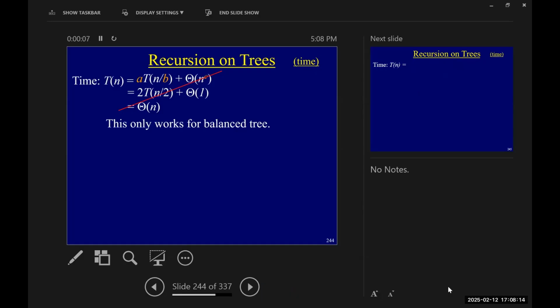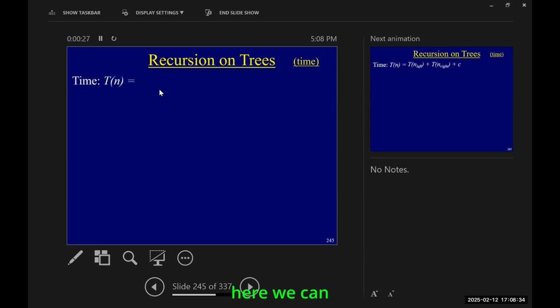So here, what we were doing over here with recurrence relations doesn't quite work because we don't know how balanced our left and right will be. Here, I'm assuming they're balanced, and you get the answer we wanted, right? But here we can solve it this way if we wanted to. The time for all the trees is the time on the left plus the time on the right plus some constant c, right?